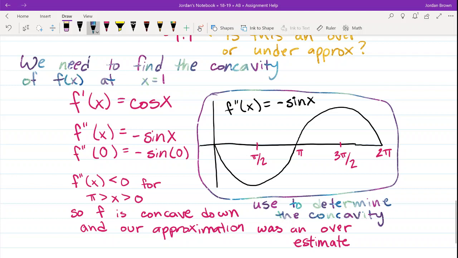Because the sine of 0 was 0 and wasn't telling us anything. So when we came on here, I know that we're going to be testing something just to the right of 0 because we're looking at 0.1. That was down here, and the f double prime of 0.1 was less than 0.